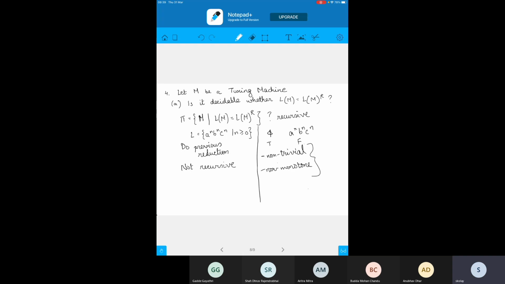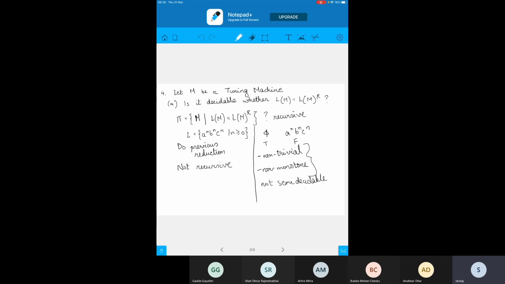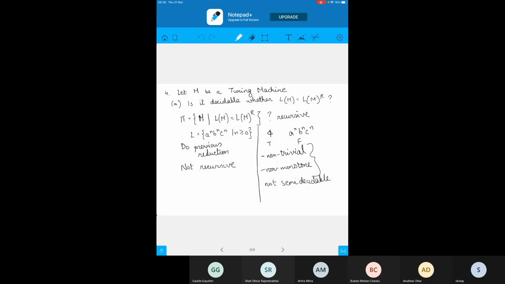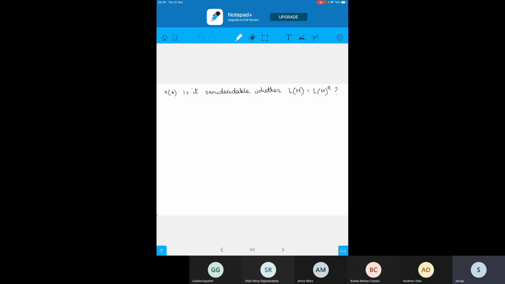So therefore, what we can conclude is that it's not even semi-decidable. That was actually my second part of the question: is it semi-decidable? But can you give an explicit reduction for this part, for whether it's semi-decidable or not?